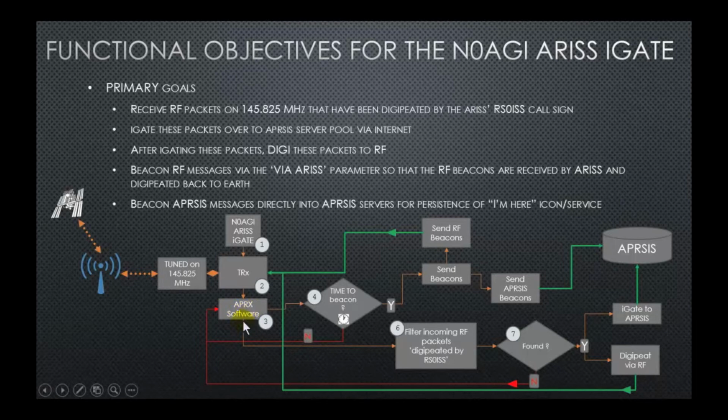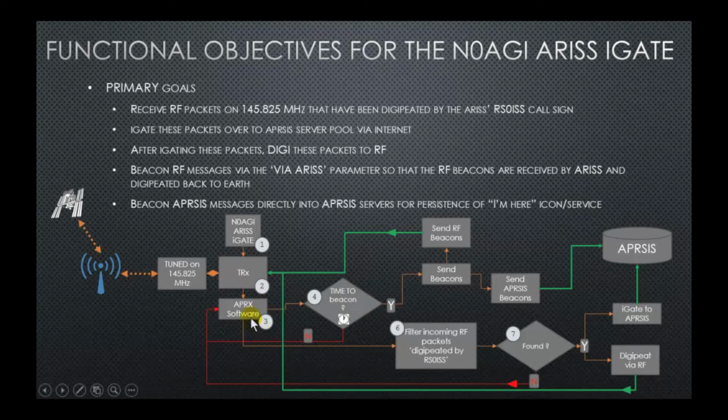The APRX software checks for whether it's time to beacon. It sends out beacons to the APRS-IS directly, and it also sends out a beacon through RF using the via ARISS. If the time is not quite ready for beaconing, it goes back into a loop to wait for that time to pass.